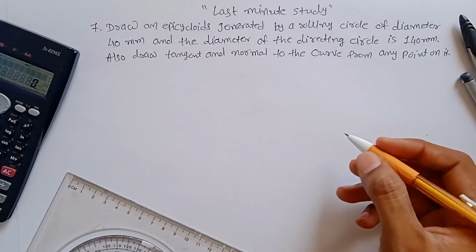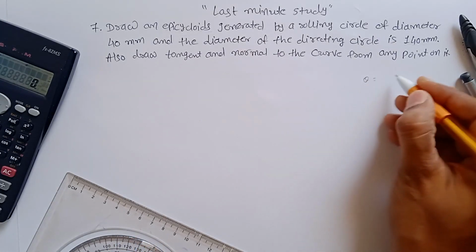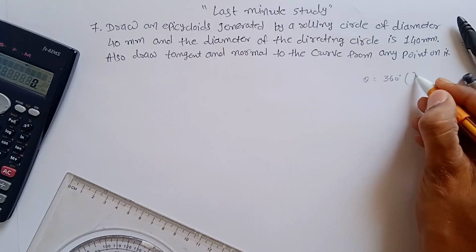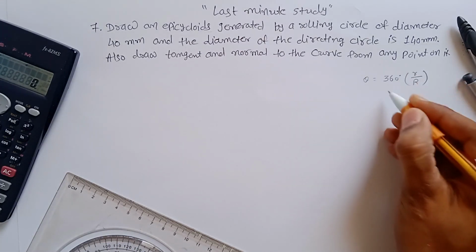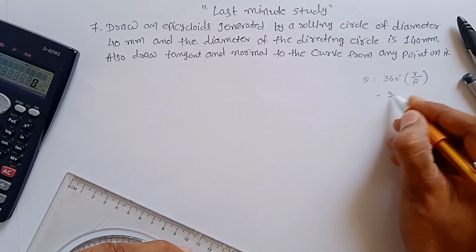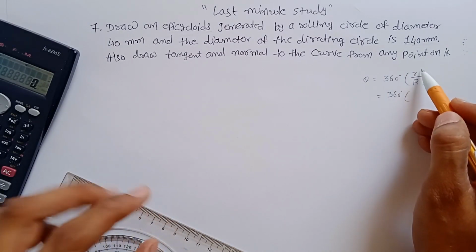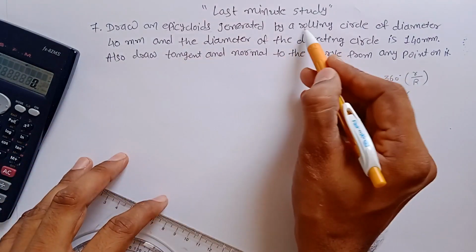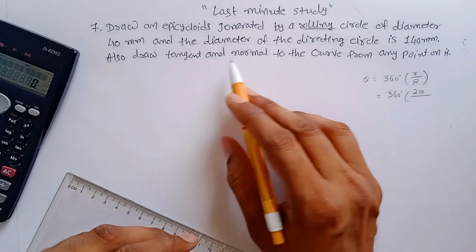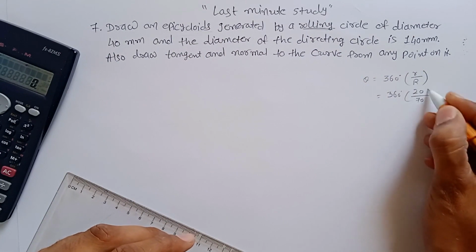First of all, you have to calculate theta. Theta is nothing but 360 degree into small r upon capital R. This is the equation you have to remember for epicycloid. Small r is the radius of the rolling circle, which is 20 mm, and capital R is the radius of the directing circle, which is 70 mm.